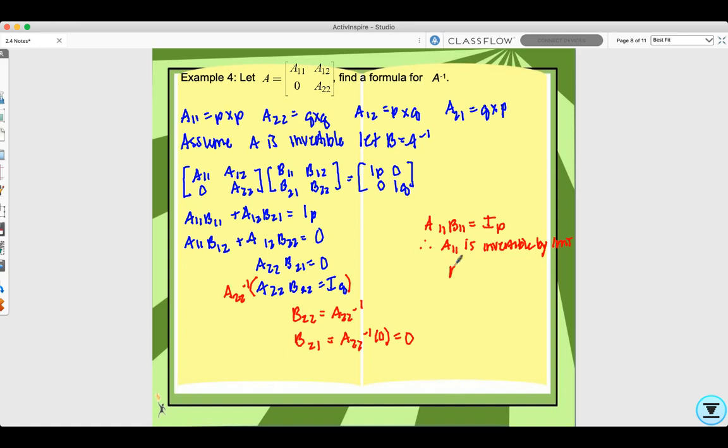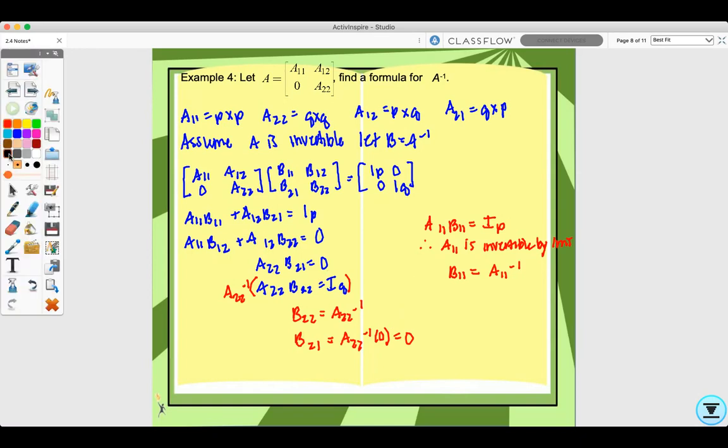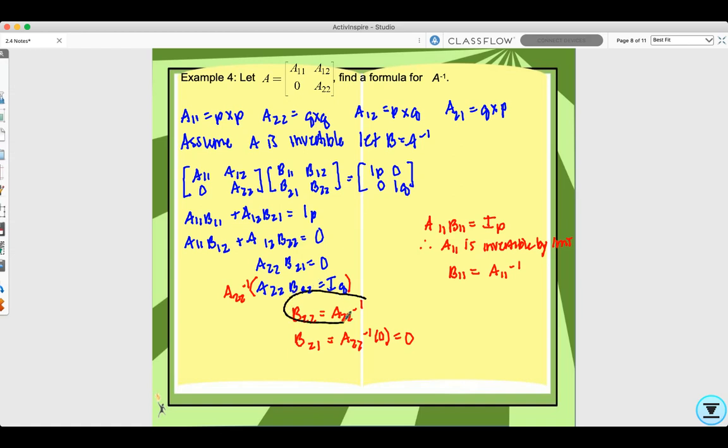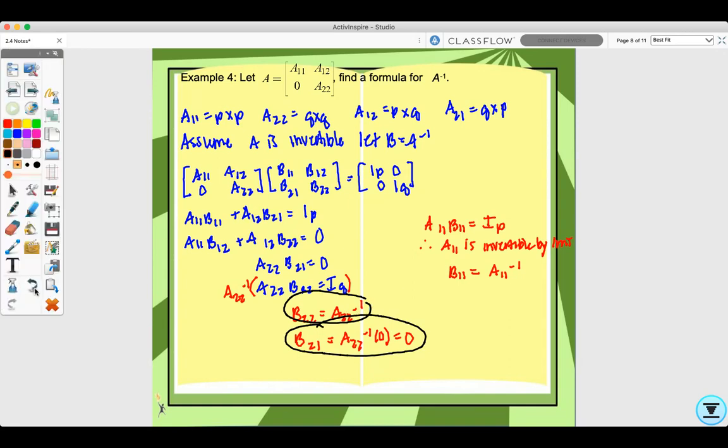So I have B11 equaling A11 inverse. So far, I have B22, I have B21, and I have B11.